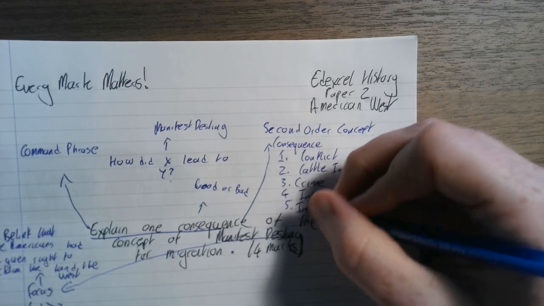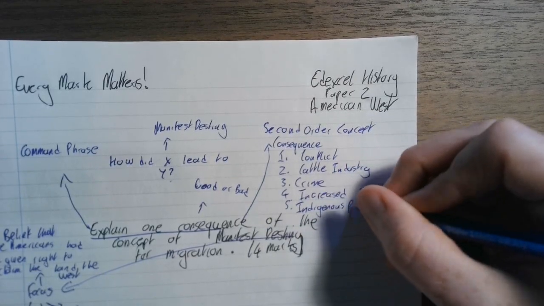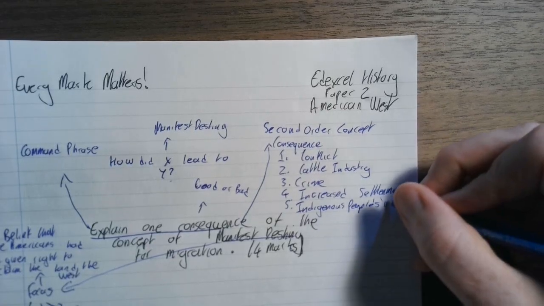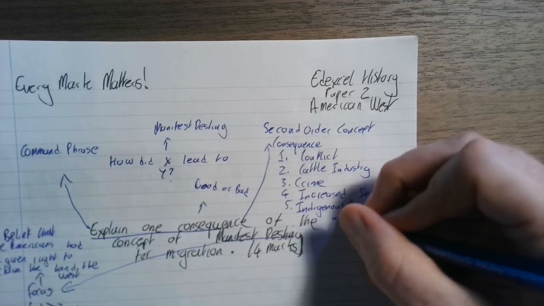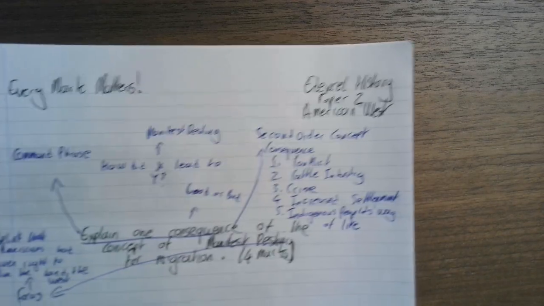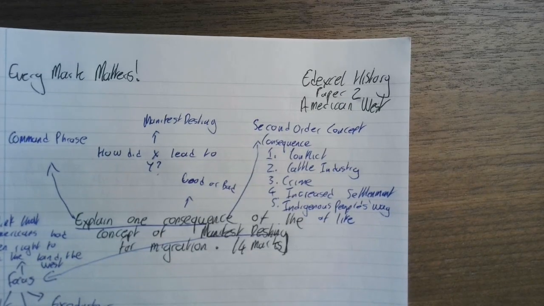And indigenous peoples' way of life. Okay, so take the time now to think: which of those consequences are directly relevant to manifest destiny? Give yourself 15 seconds to have a bit of a think about that.